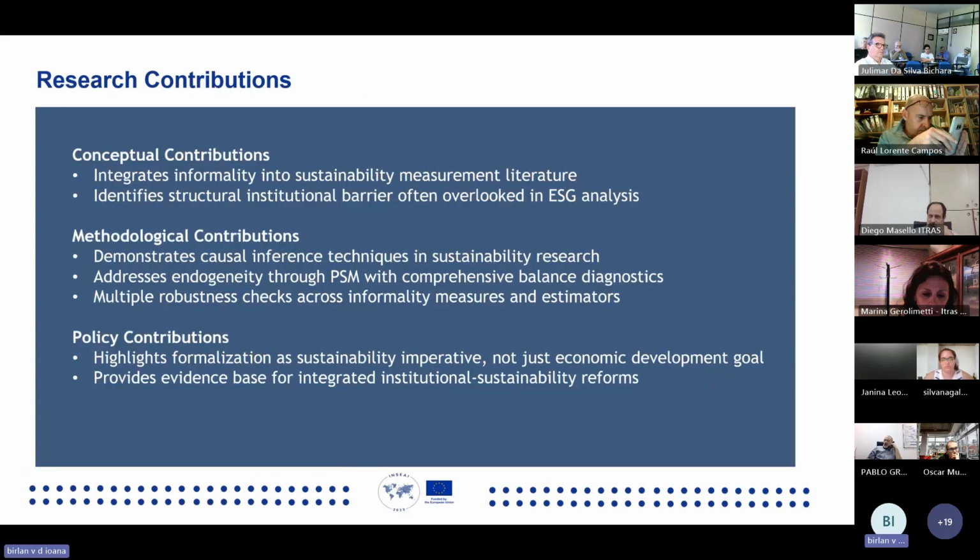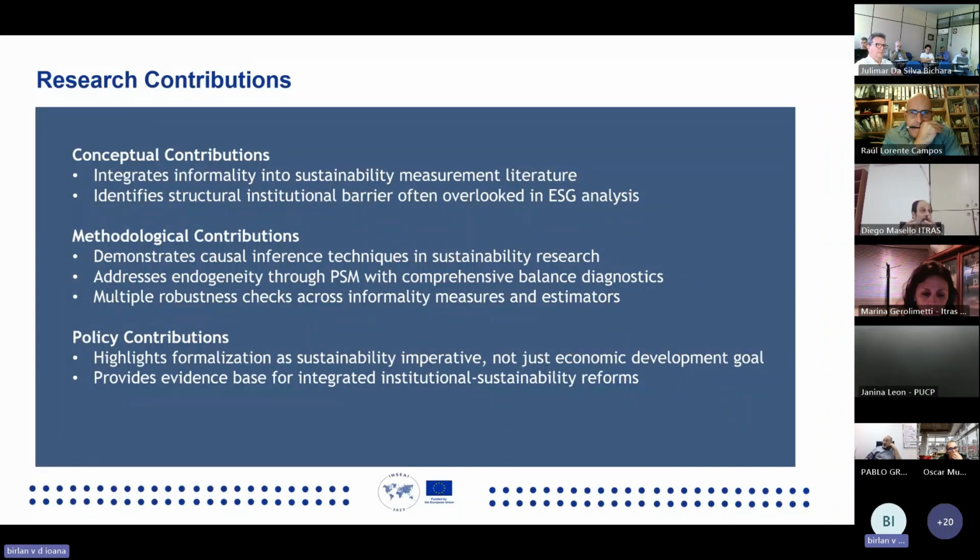Moving on to our research contributions, we hope to provide a conceptual contribution. We integrated informality into the sustainability measurement. We wanted to identify a structural institutional barrier that is overlooked in ESG analysis.